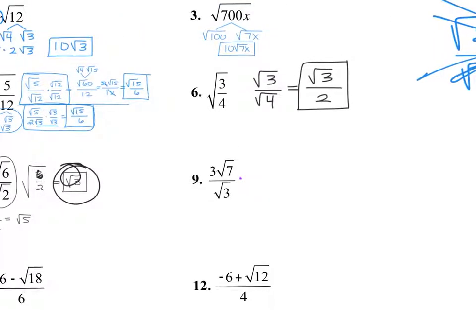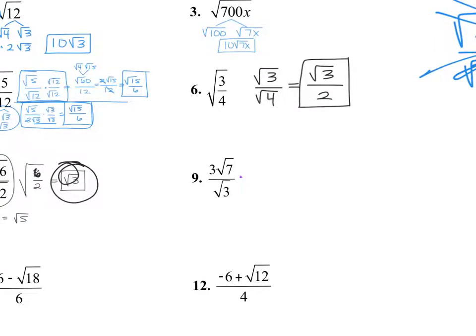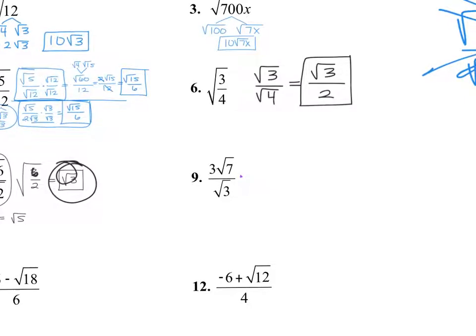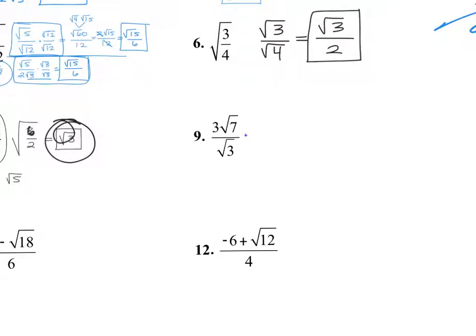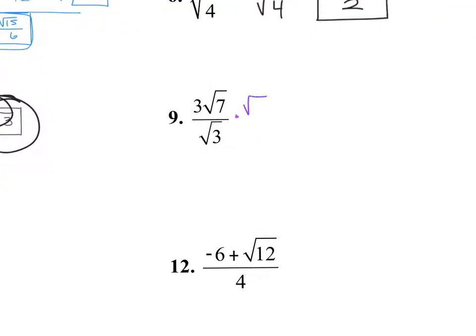Number 9 is rad 3 divided by 2. Okay, so you multiply this by rad 3 over rad 3. What do you get on top? 3 rad 21. You can multiply those because they're both radicals.